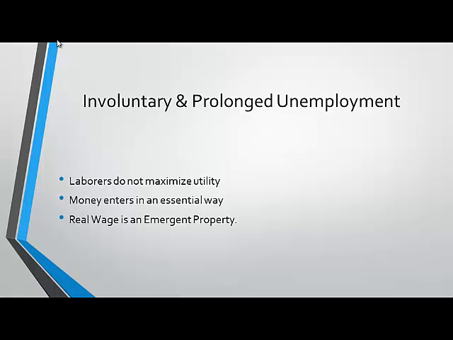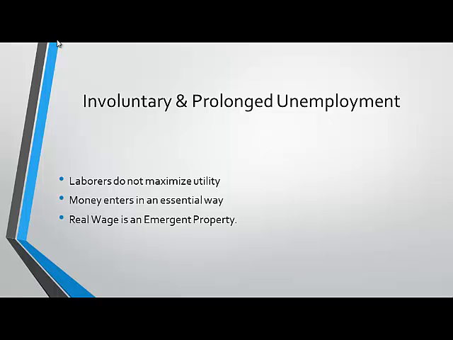So there were three features of his theory, all of which are, you see, the observation is that there is involuntary and prolonged unemployment. So now, this is what we see in the real world, a complex pattern. Now we come back to our room and we think, what is a model which can create this phenomenon?